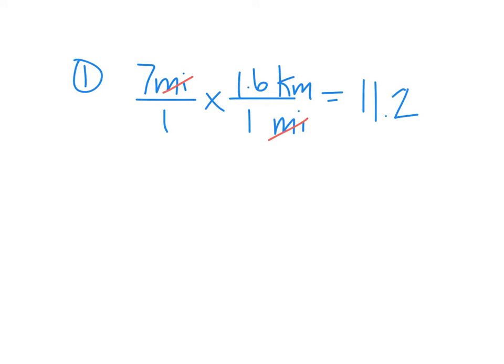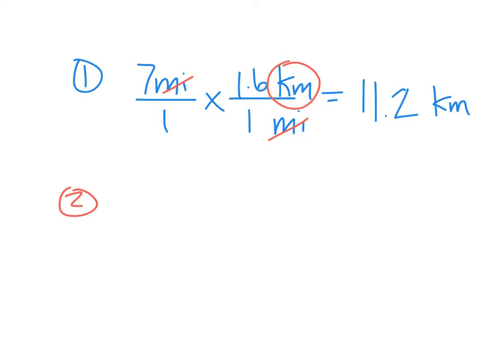We canceled the miles, so I'm labeling it kilometers. Good. Any questions? So the biggest key to today's lesson is you need to set it up right. Set up the equation correctly, and the rest will go very smoothly.